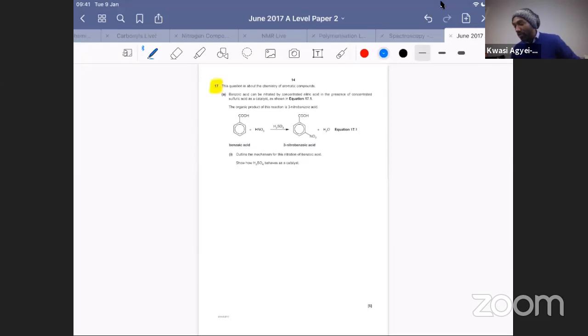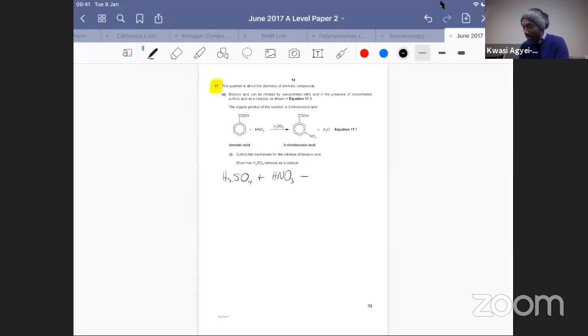Okay, so we've got HNO3, we've also got H2SO4. We're asked to outline the mechanism for this nitration of benzoic acid and show how H2SO4 behaves as a catalyst. So the first thing we need to consider is the reaction of H2SO4 with nitric acid.